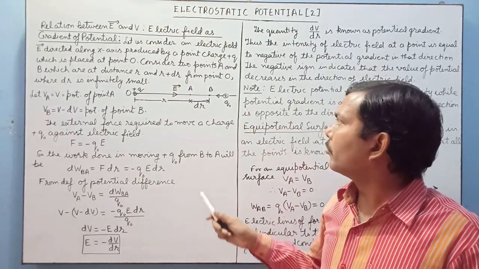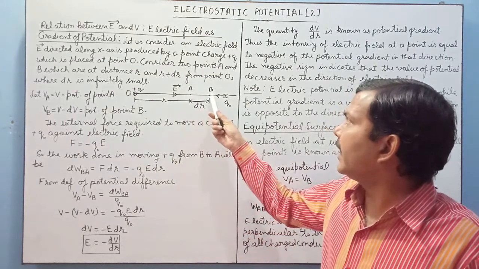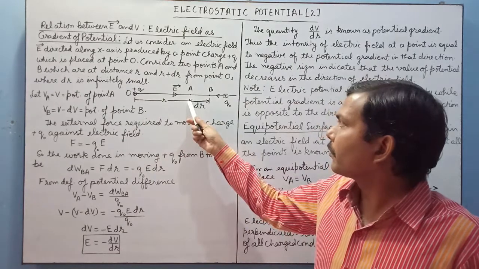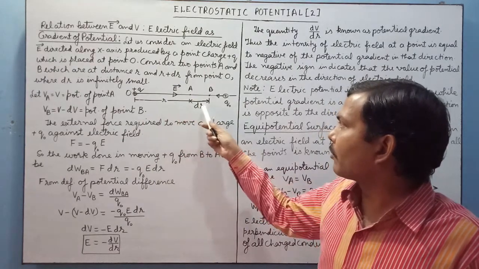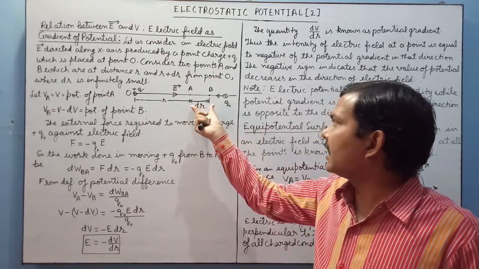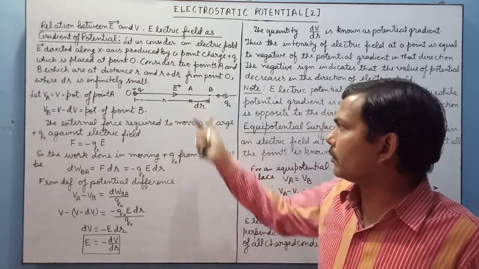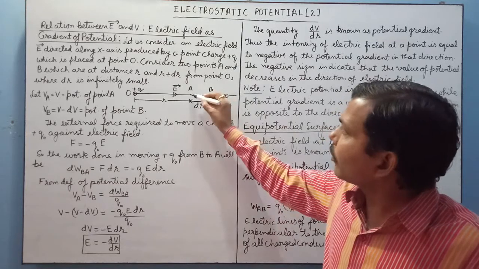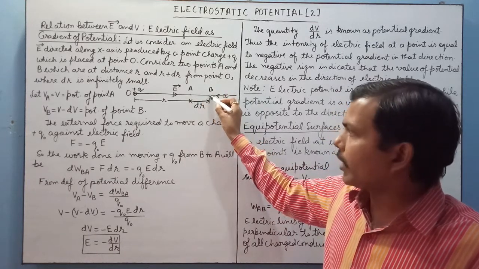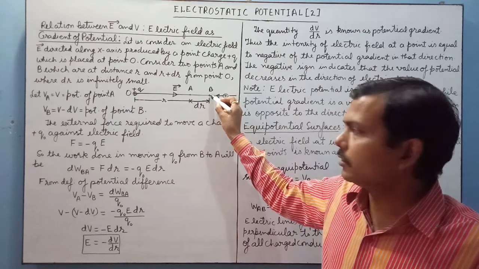Now we have considered 2 points A and B at distance small r and small r plus dr from point O, where dr is infinitely small. The potential of point A is capital V and the potential of point B is V minus dV.